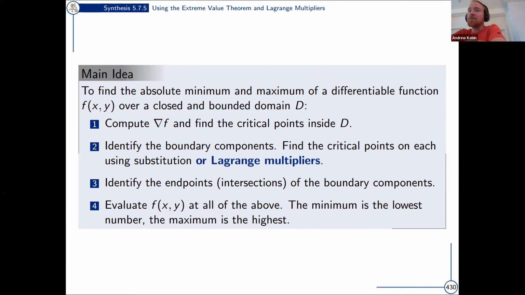Or if not, you can use Lagrange multipliers, with the gradient of those constraining equations g on each of the separate boundary components, to identify more critical points. The endpoints of the boundary components will also be of interest and could conceal the absolute max or min of the function, so you need to include those as well. And finally, evaluating the function at your entire list of possible max and min values will allow you to identify the actual absolute max and min of the function. So that's our procedure so far.